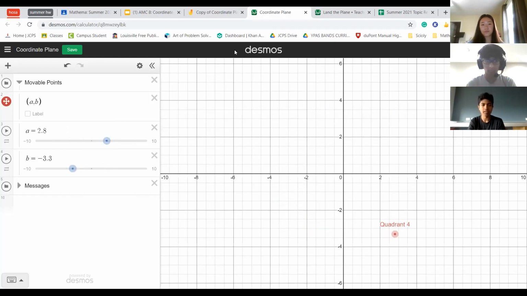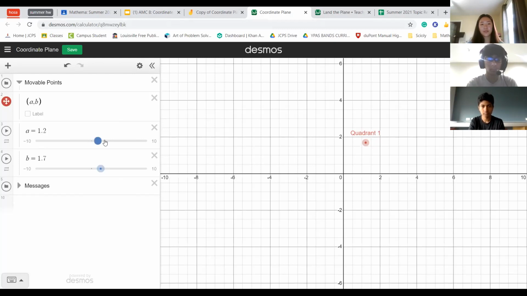Also it's important to know the first is always going to be positive, comma positive. The second is always going to be negative, comma positive. The third is always going to be negative, comma negative, and the fourth is always going to be positive, comma negative when you're expressing it as a coordinate.